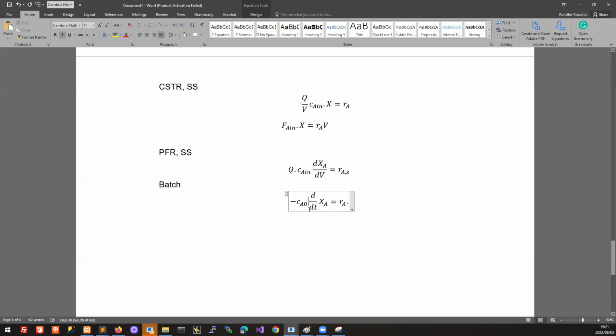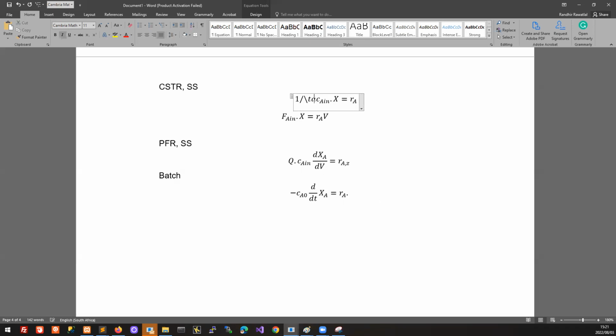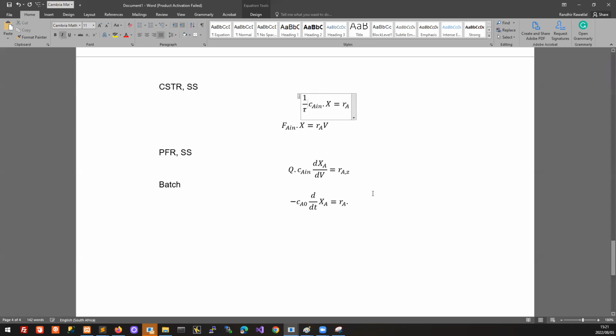Right, so there's no Q in this case, but you've got a T here. So in fact, then we know this is 1 over tau here, and this Q over dV. So we can think of this as a d tau.